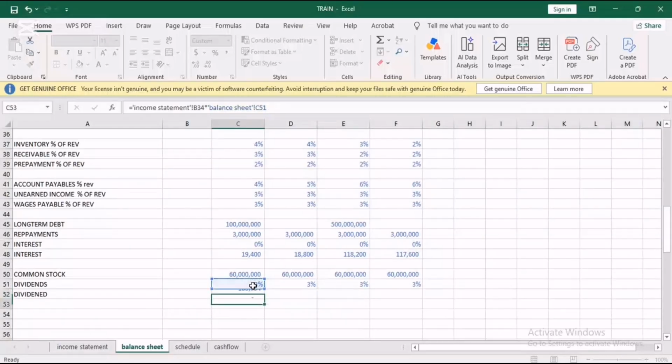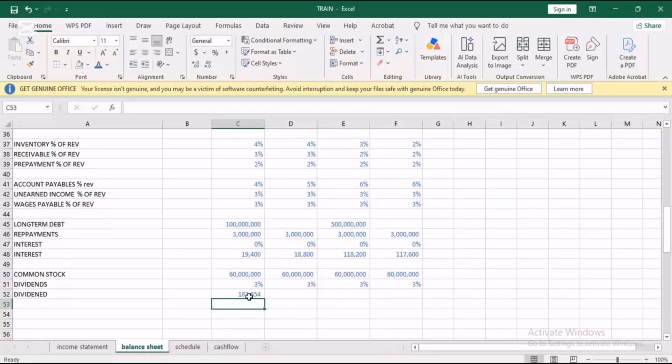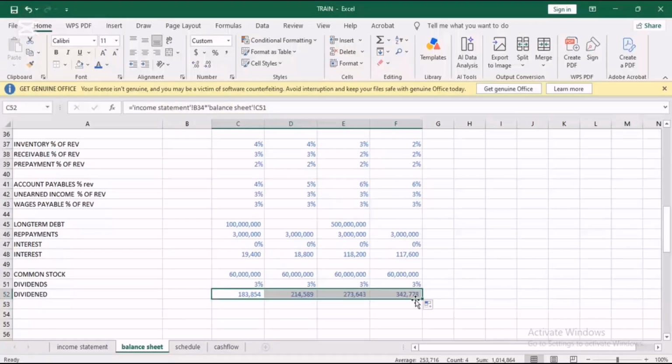Let's hit it. Good. So this amount that is expected to share to the shareholders as the dividend to pay. So now let's run it through.